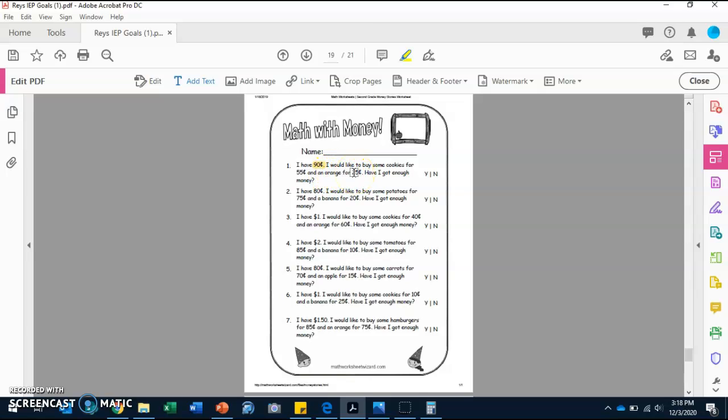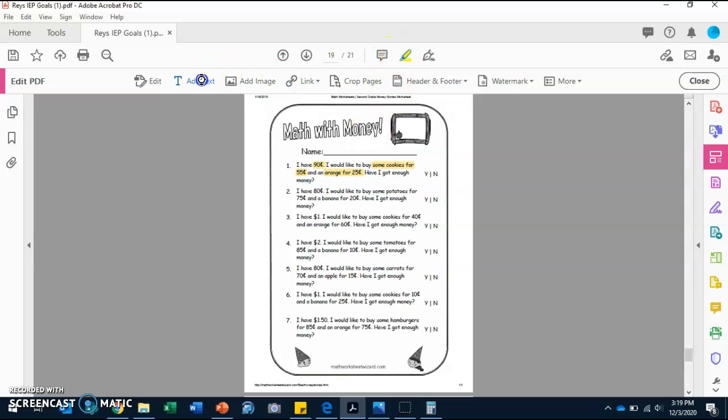Have I got enough money? So now we have to figure out whether he has enough money to buy cookies and an orange. So I'm going to highlight some cookies for 55 because that's what he wants, and then the orange for 25 cents.